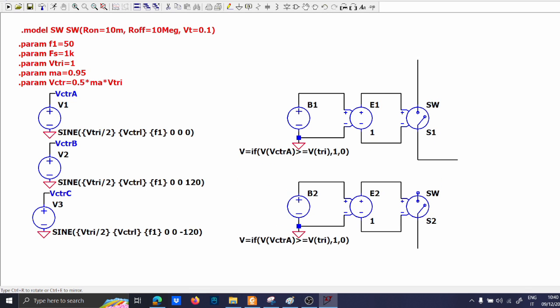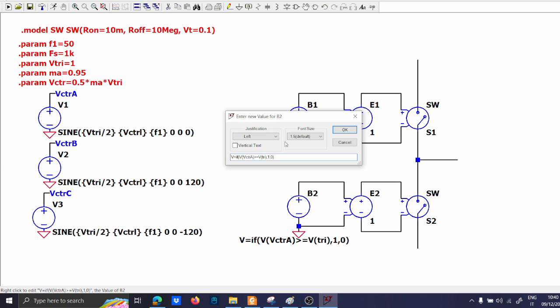So this will be leg A, and instead of putting greater or equal, you just put less than.